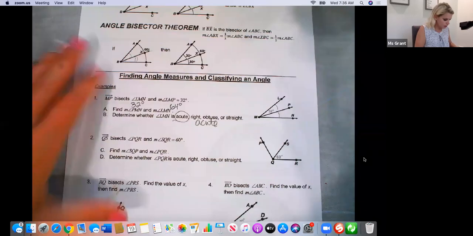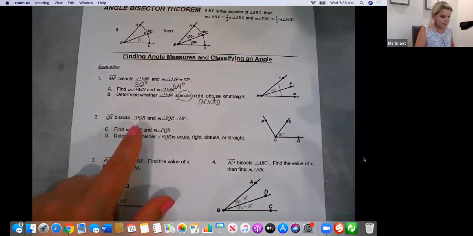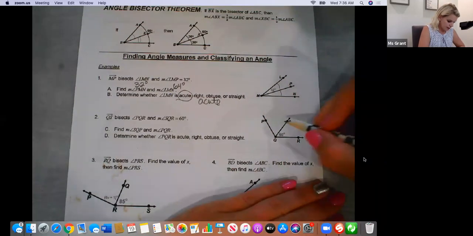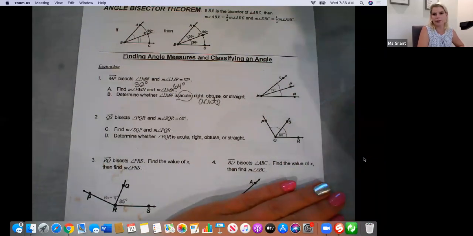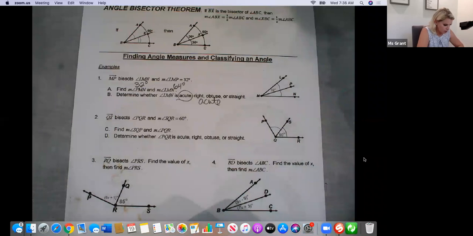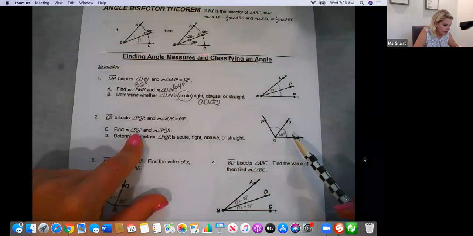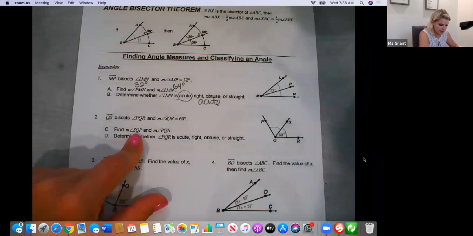Easy. Number 2, QS bisects PQR. So I could say that they're congruent, draw one line showing that they're the same size. So Jana, I want to know, okay, SQR is 60. Jana, SQP, this angle is what?